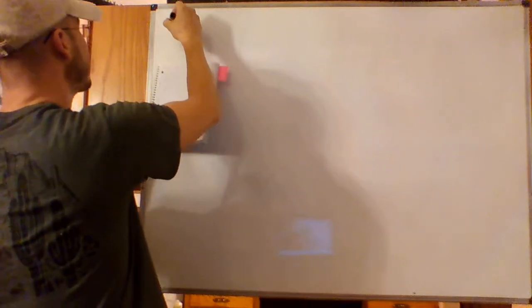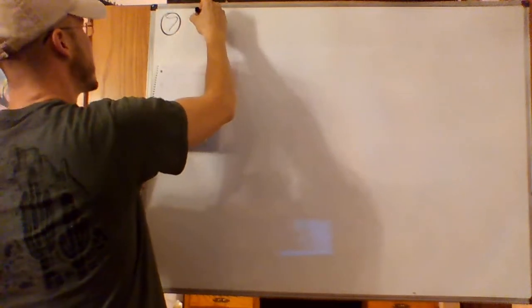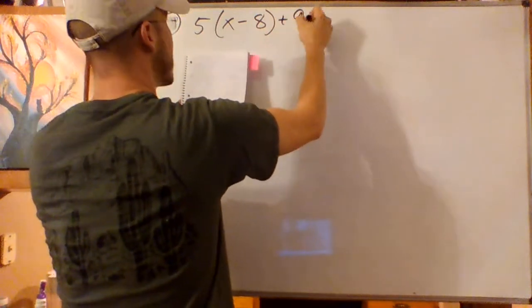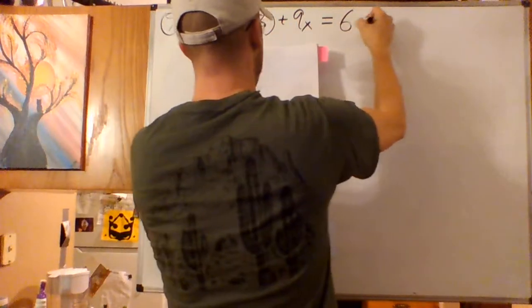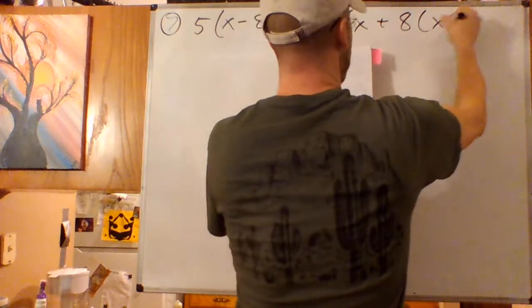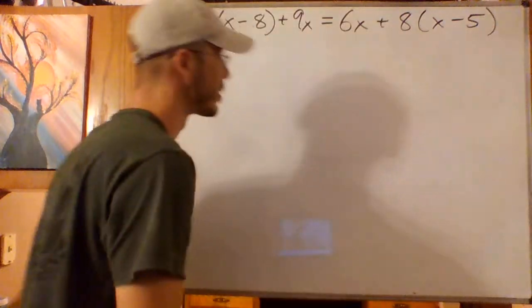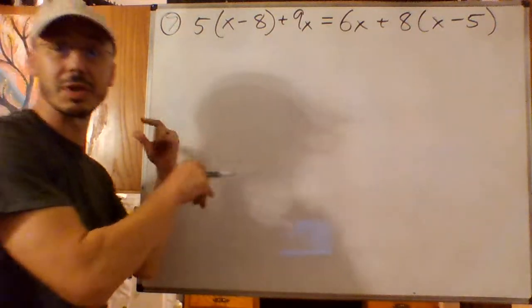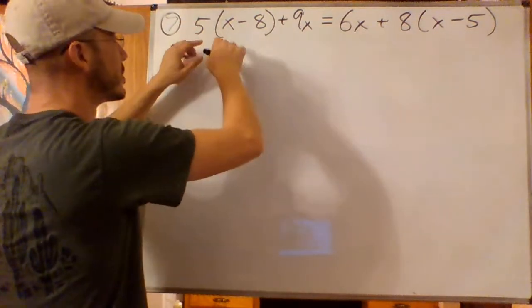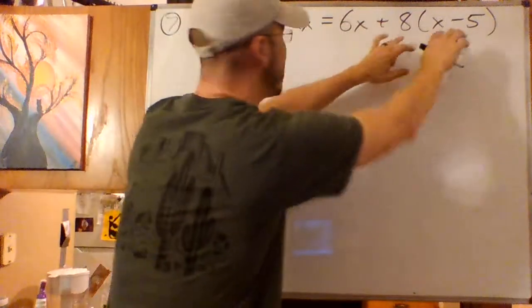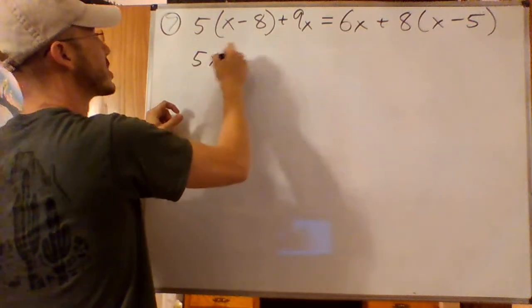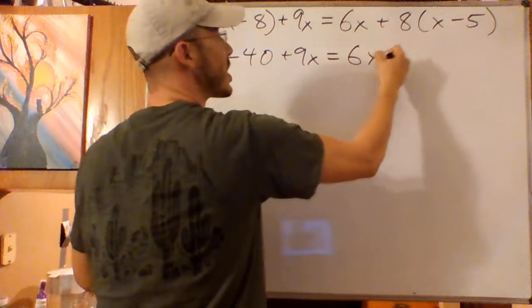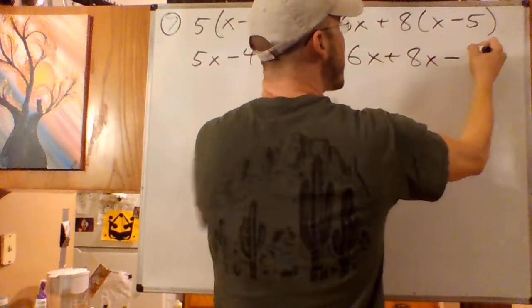This one, number 7, says 5 times x minus 8 plus 9x equals 6x plus 8 times x minus 5. And it's very similar to the last one. The first thing I'm going to do is to distribute here and here. This is 5x minus 40 plus 9x equals 6x plus 8x minus 40.